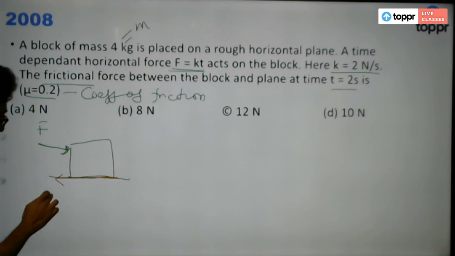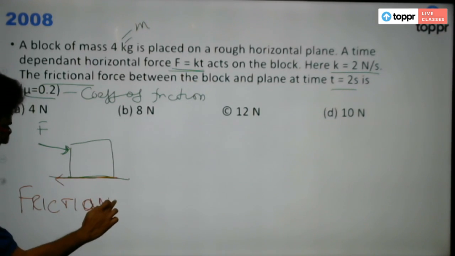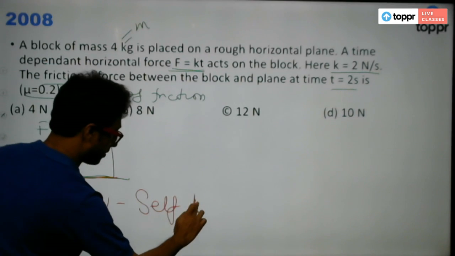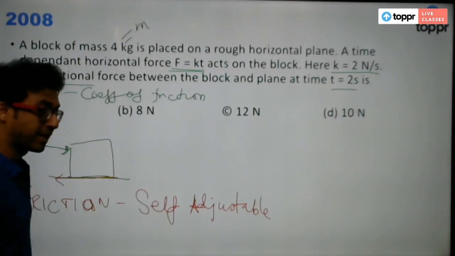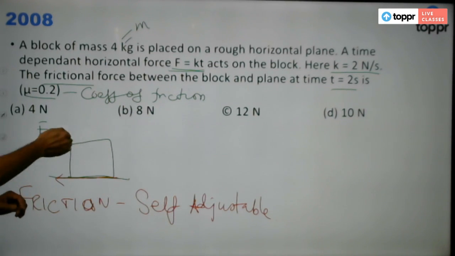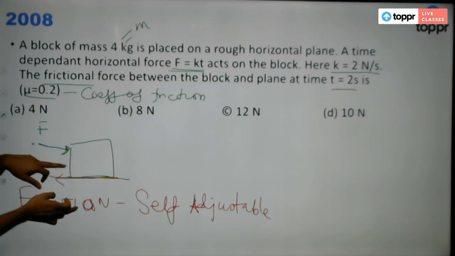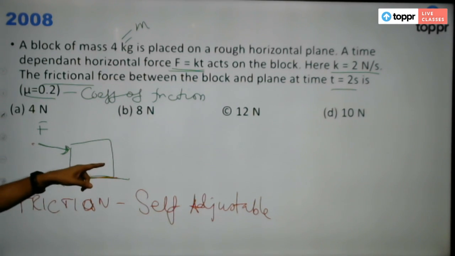Now, when I say friction is self-adjustable, it means what? Till a certain limit, till the body is not moving, whatever force you're applying, the friction adjusts itself to that force so that the net force becomes 0 and the body will not move.